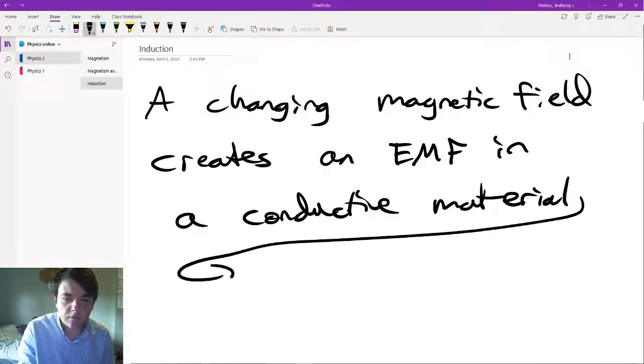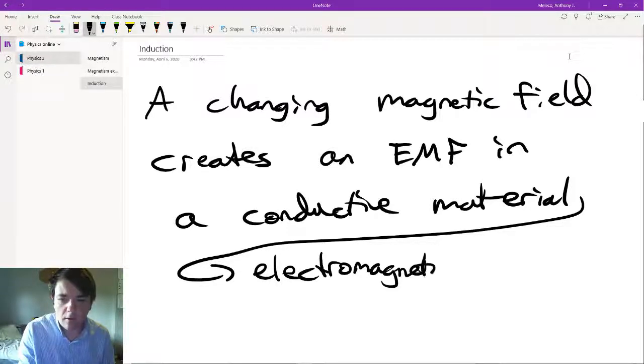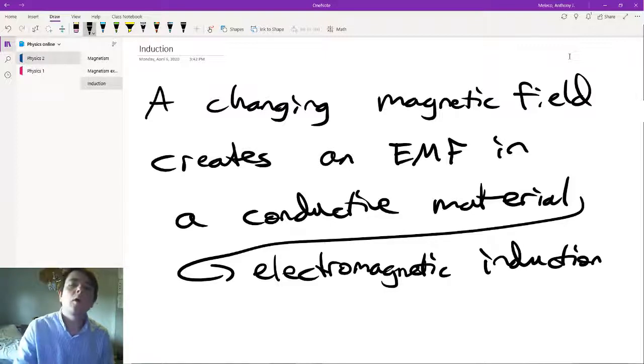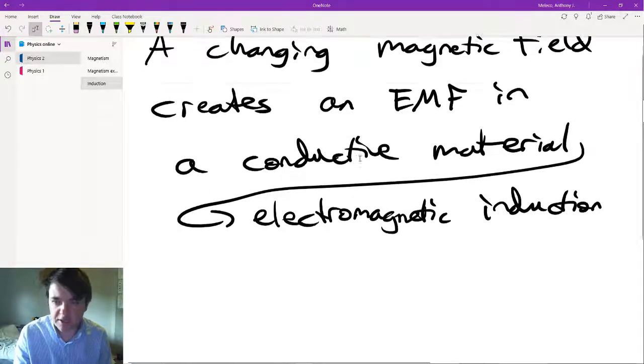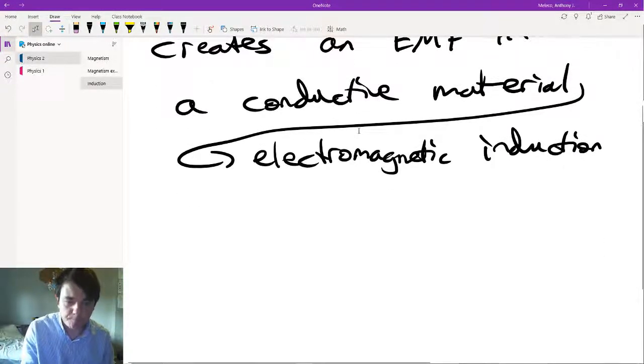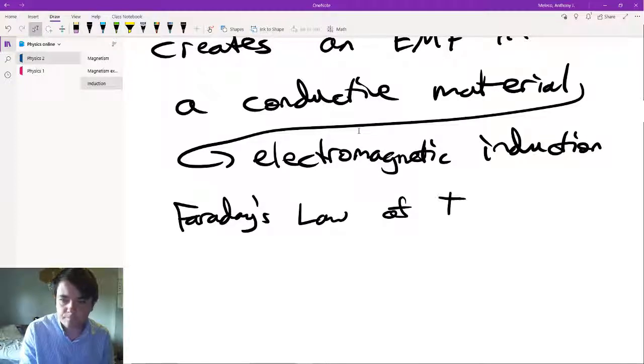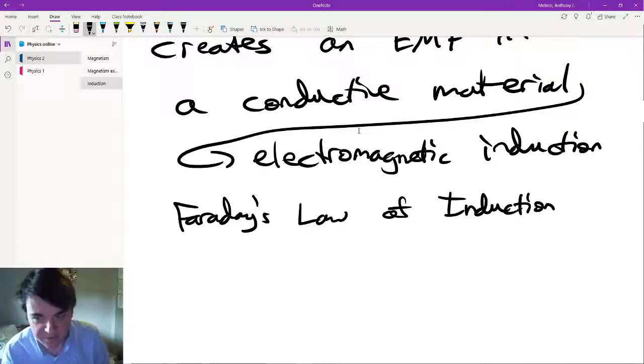So this is electromagnetic induction. This property, that a changing magnetic field can create an EMF, is known as Faraday's law, after the guy who discovered it, although I believe another guy, Maxwell, did the math on that.